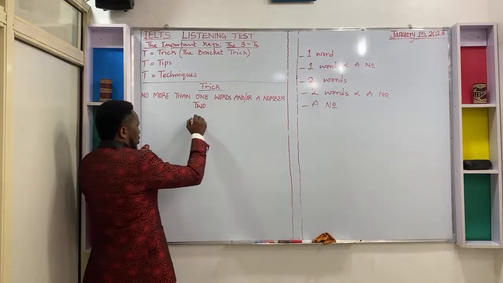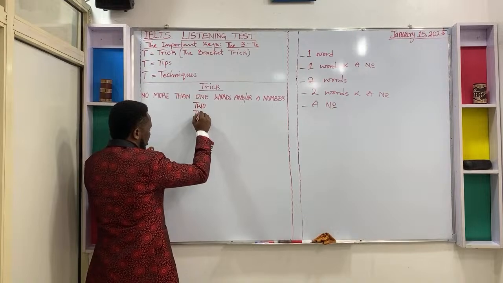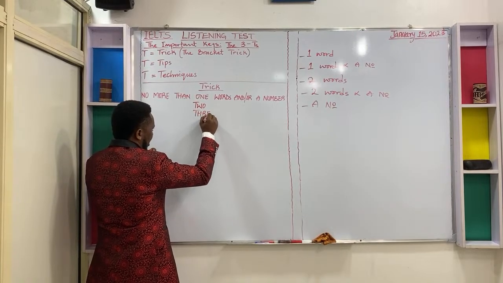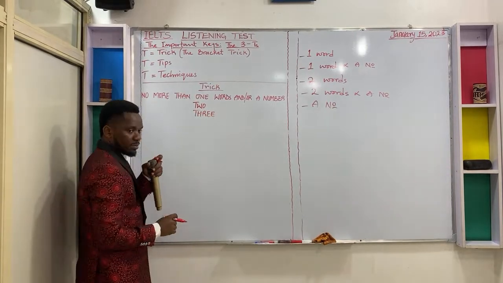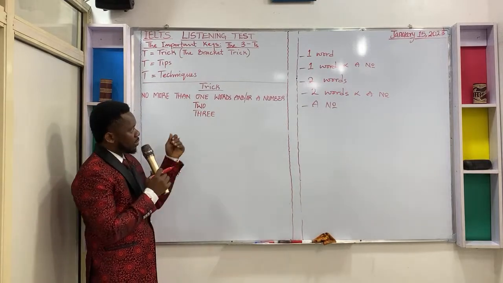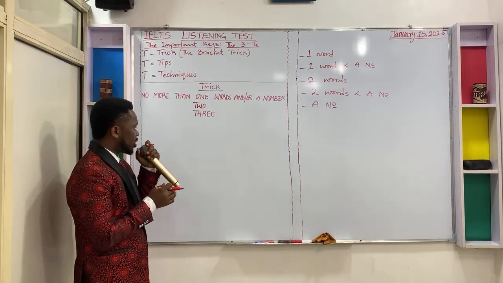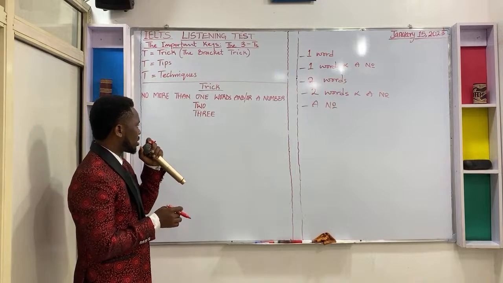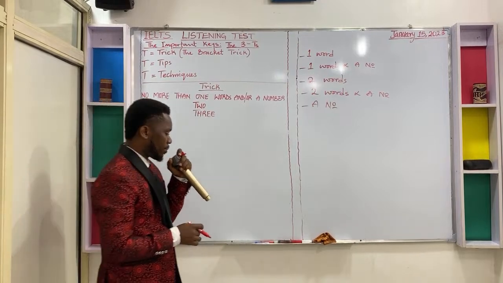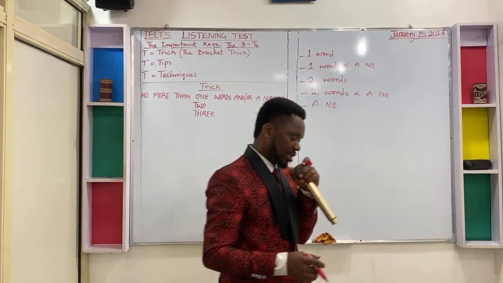Alright. What about a section that says no more than 3 words and or a number? How can you interpret this instruction?